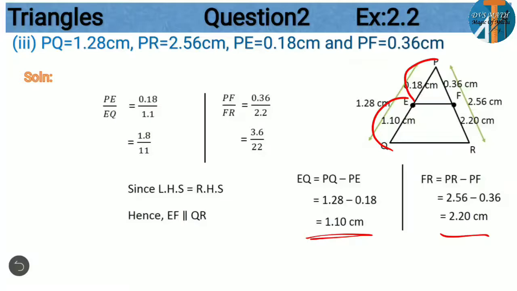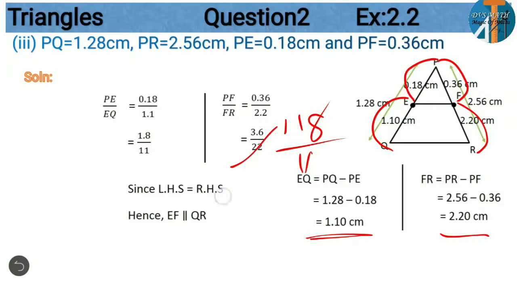Here also you will take PF by FR, that is 0.36 by 2.2. If you shift the point here, 3.6 by 22. If you divide both by 2, you will get 2 18s are 36, so 1.8, and 22 means 11. Again 1.8 by 11, 1.8 by 11.